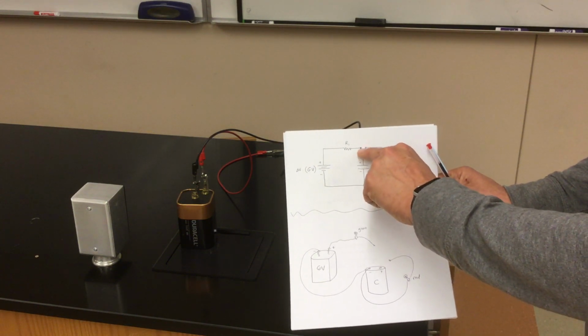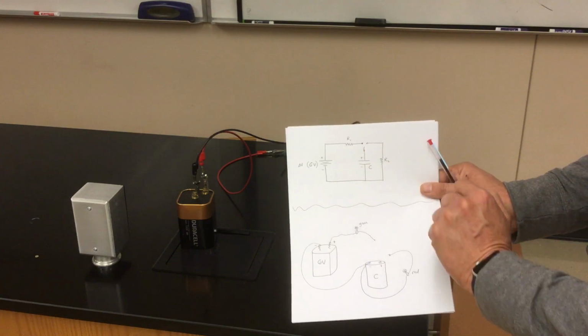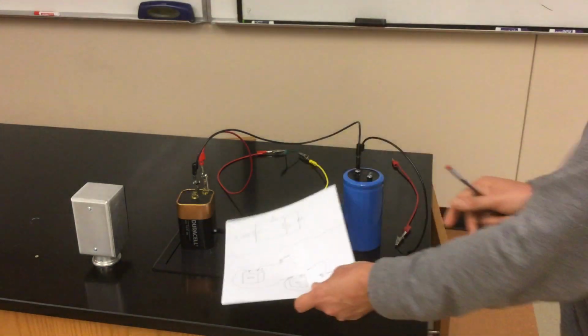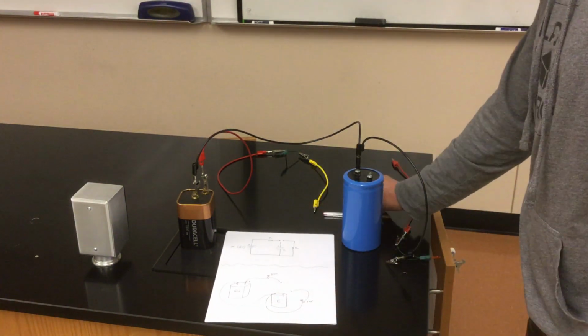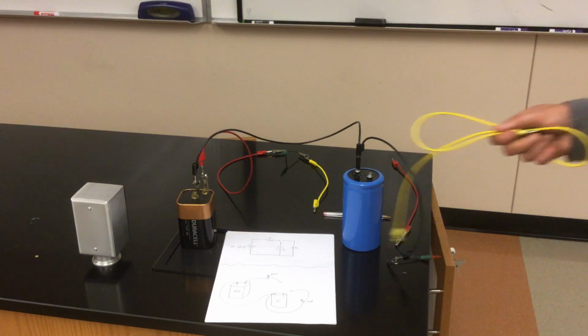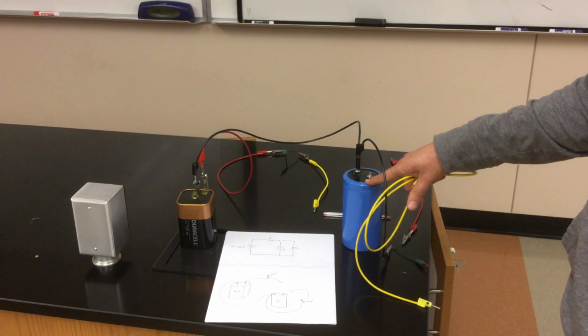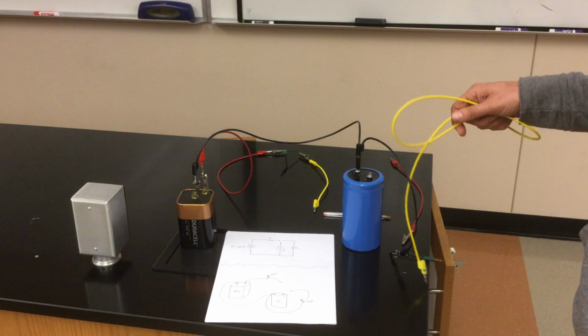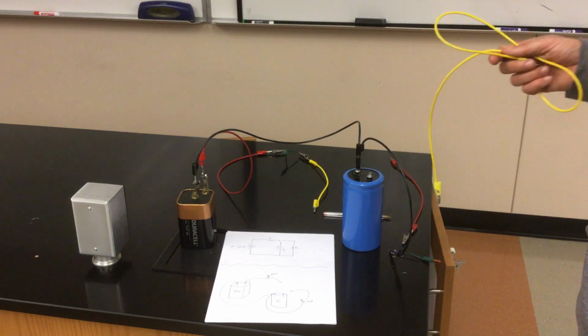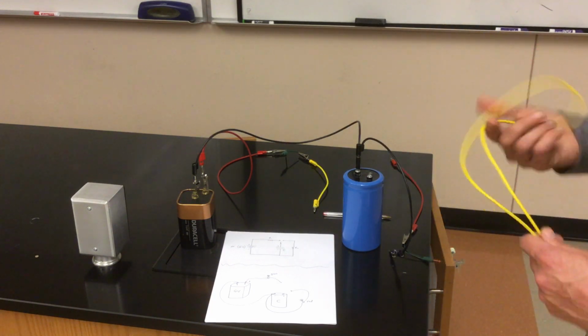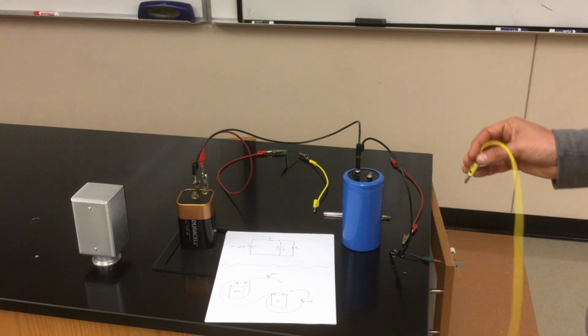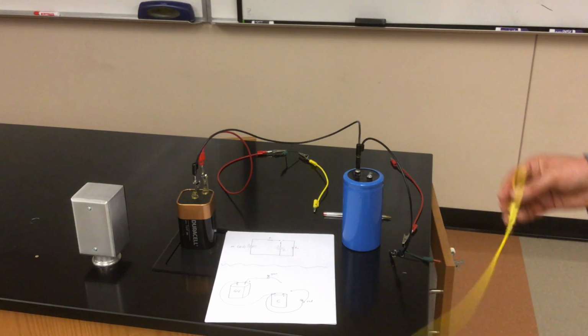So I guess we have a two-way switch right here. First of all, I should make sure that I'm starting out with an empty capacitor. You never know when you pull a capacitor out of a drawer or you walk up to a circuit that's already been connected, whether or not that capacitor is storing charge. You can't see it, you can't smell it, you can't hear it, you can't taste it.